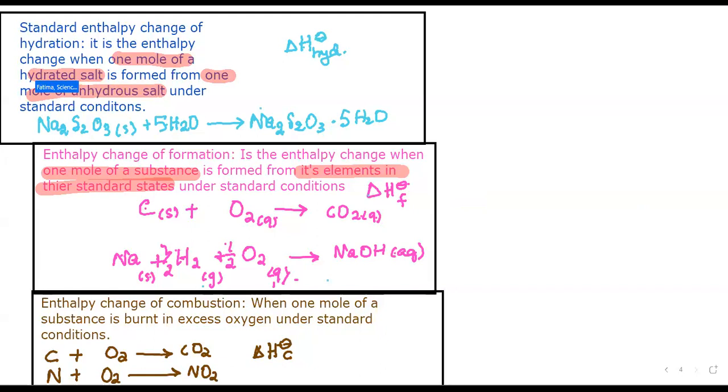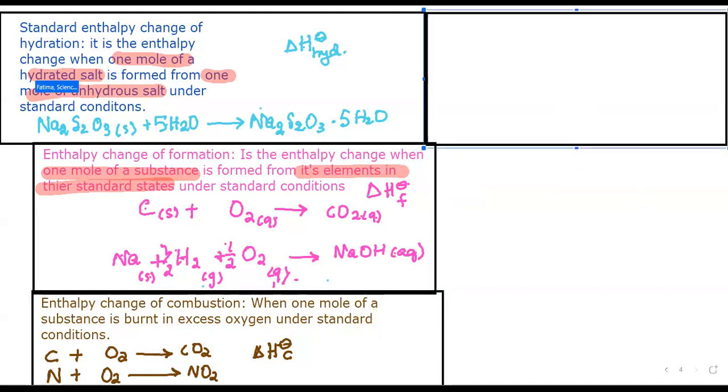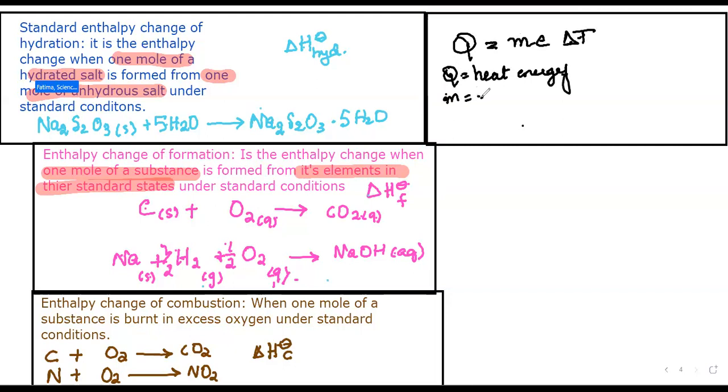Another formula that you can use for heat energy calculation is Q = mcΔT, where Q is your heat energy, m is your mass, c is your specific heat capacity, and ΔT is the change in temperature.